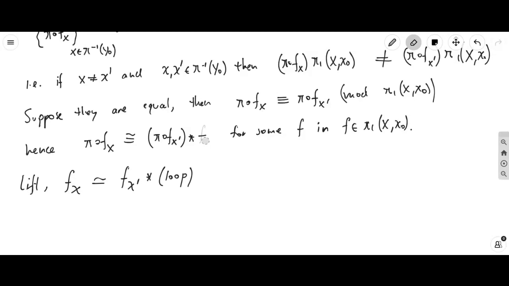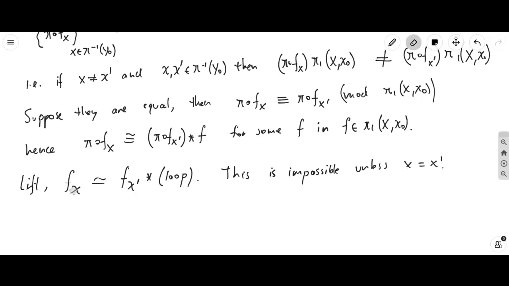The reason for this is what we said earlier, that if a loop in the base comes from the fundamental group of the cover, then when you lift it into the cover, it will remain a loop. So this is going to be a loop. And this is impossible. So this homotopy is impossible unless x is equal to x prime.